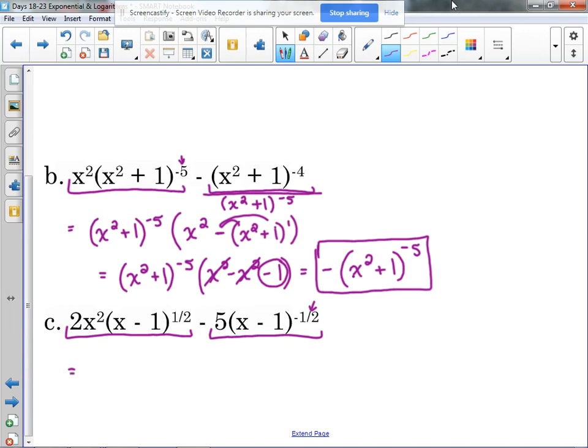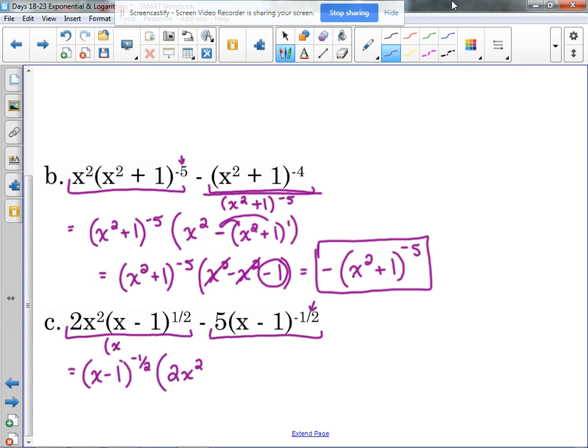Now, in this case they don't, but if we had something in common with the 2 and the 5, you still factor that out. So don't overlook if they have something else in common by just focusing on the negative exponent. So 2x squared and 5, they didn't have anything in common, so (x minus 1) to the negative 1/2 is our GCF here. So obviously the 2x squared is still there.